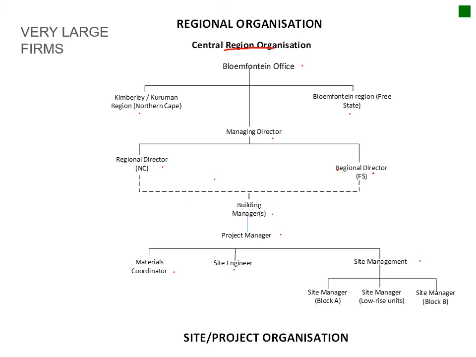And then they might share some functions between them. For instance, if one has a professional QS, he may be used in either region to look at certain aspects, or if there are contractual challenges or anything like that.